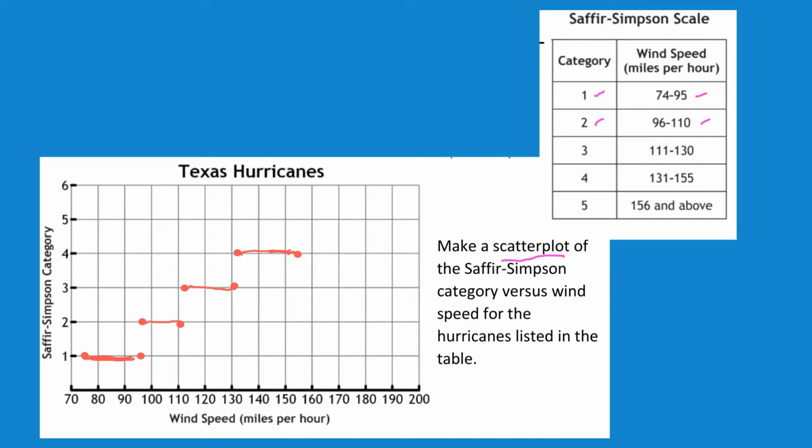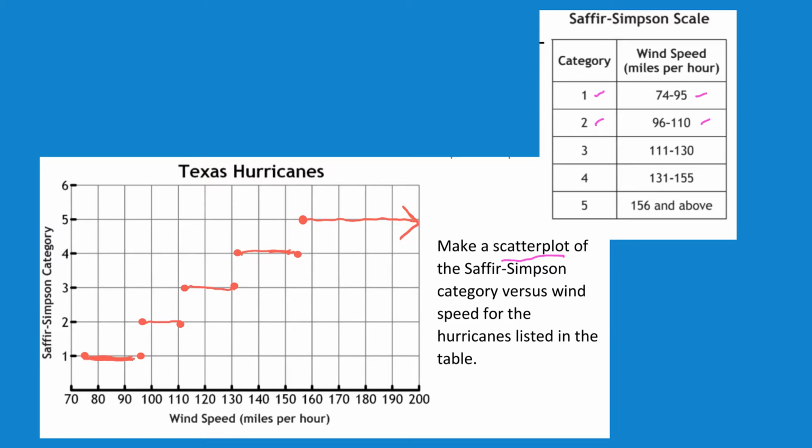So let's grab this dot and put it on 156. And because it's everything above that, when you draw this last line, you want to make sure that it has an arrow on the end, because it's going to be everything higher than that.